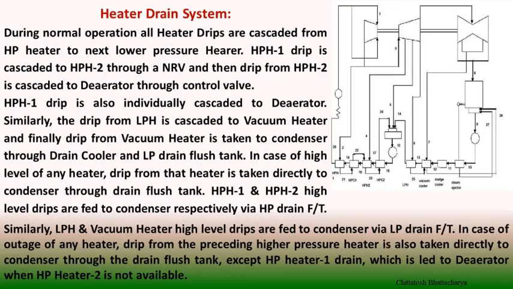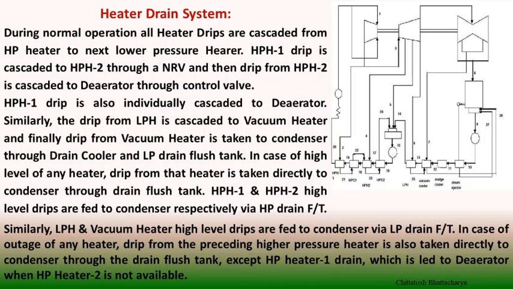Let us now discuss the heater drain system, which is very important, particularly to maintain the level of the condensate within the heater after heat exchange, as well as to prevent any ingress of water into the turbine.